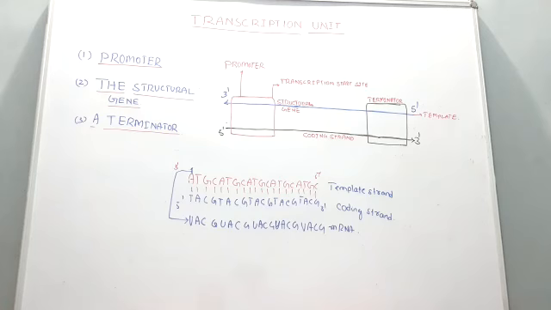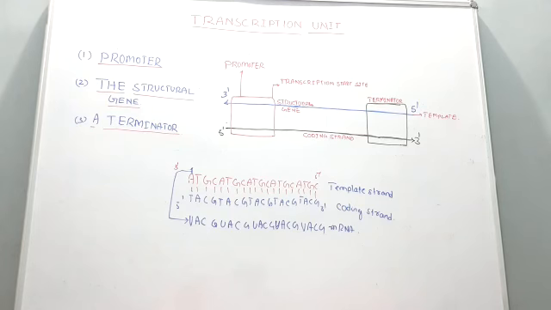But during replication of the DNA, A pairs with T, T pairs with A. In transcription, wherever T is there, it is replaced by U. Hence, we can predict the sequence of the messenger RNA. So this is all about the messenger RNA sequence, which is synthesized on the template strand.